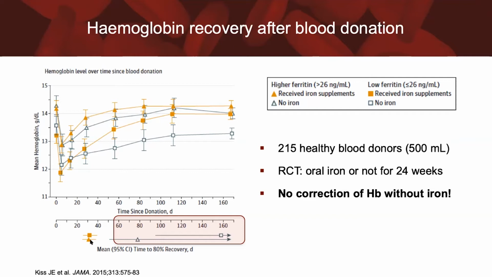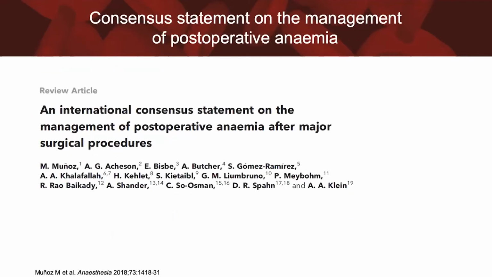When they received oral iron, they recovered their hemoglobin level in around 1 month, but none of those patients had a normal ferritin level at the end of the 6 months treatment. So it is probably very important to compensate the postoperative bleeding with iron.